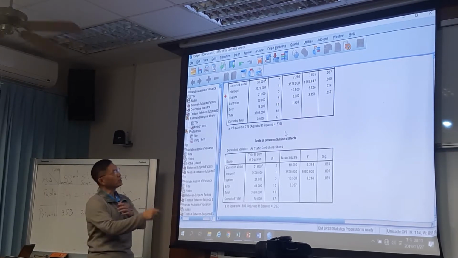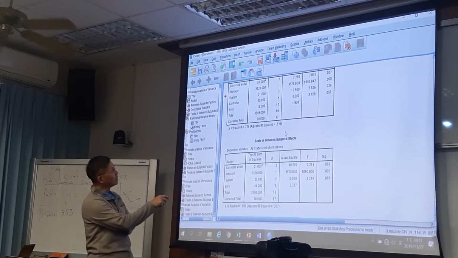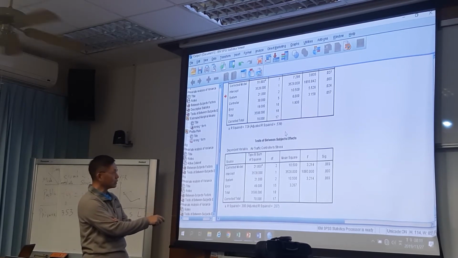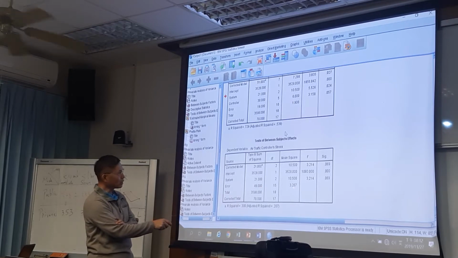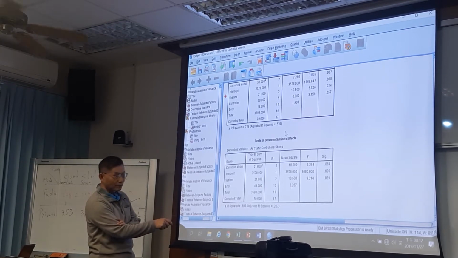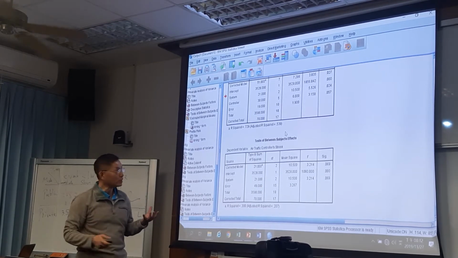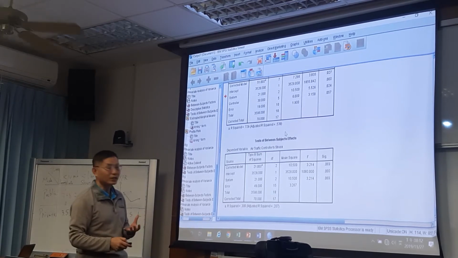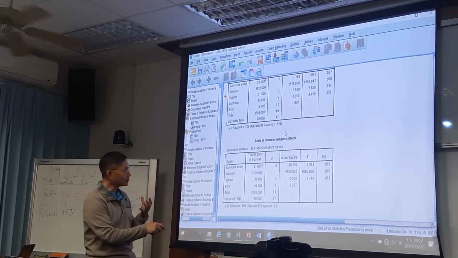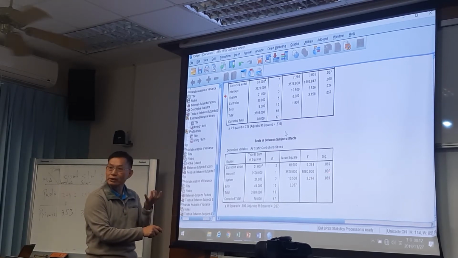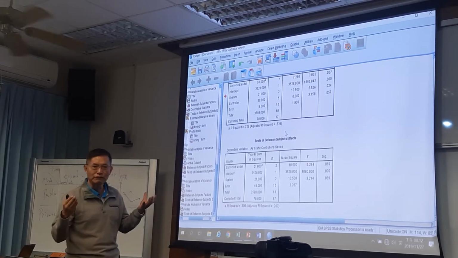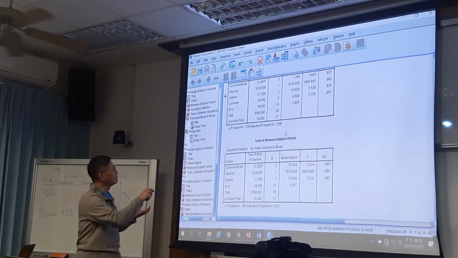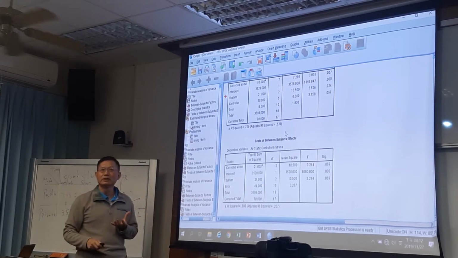You say, okay, the degree of freedom increased by 5, but the sum square increased by what? Much bigger. So the mean square becomes bigger. The denominator in this case becomes bigger. So the F value becomes smaller, the P value becomes bigger. You can see the effect if you do not leave the block in the ANOVA table.